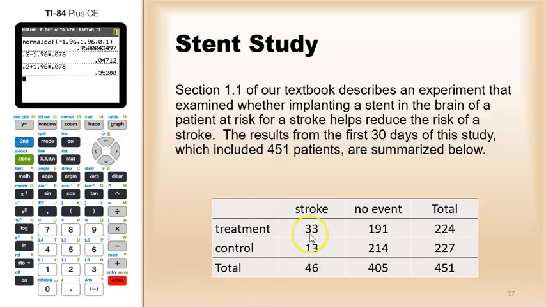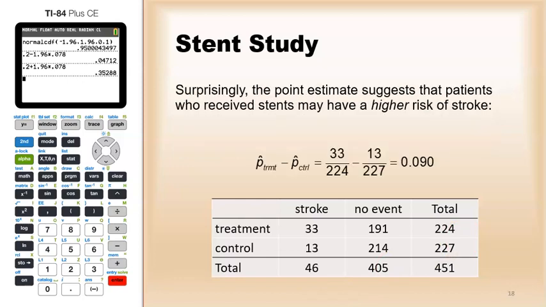In the treatment group, 33 out of 224 ended up with a stroke, and in the control group, only 13 out of 227. So actually, those in the treatment group were at more risk. The point estimate here is the difference between the treatment and control groups: 33 out of 224 minus 13 out of 227, which comes out to a difference of about 9%.